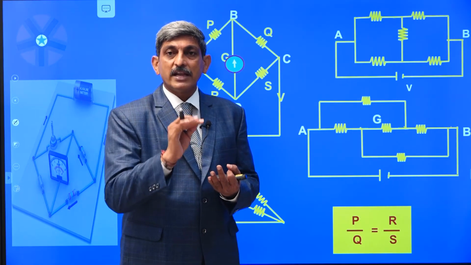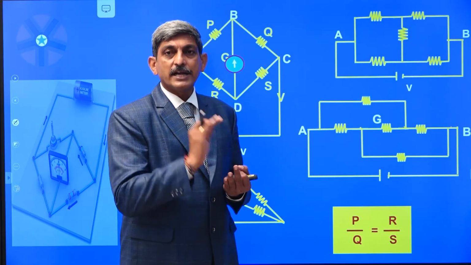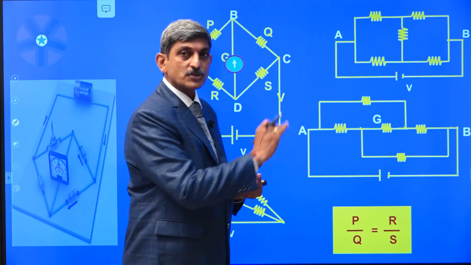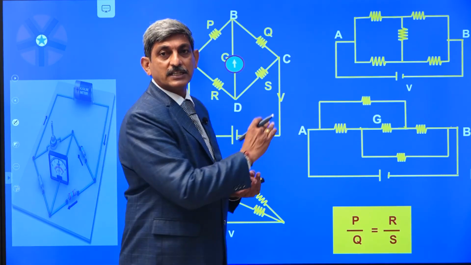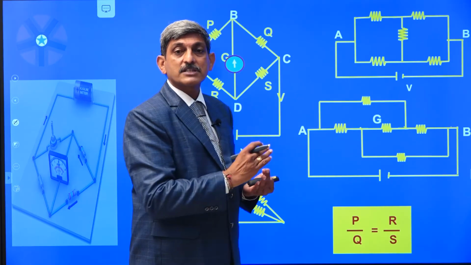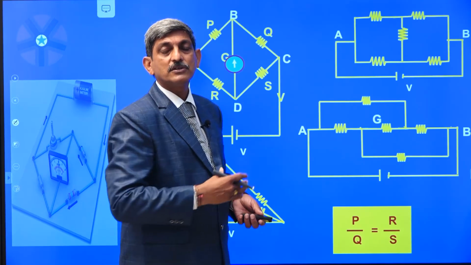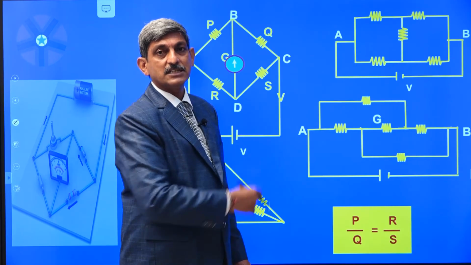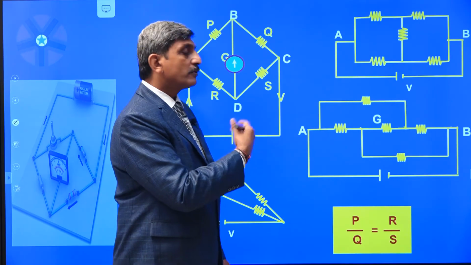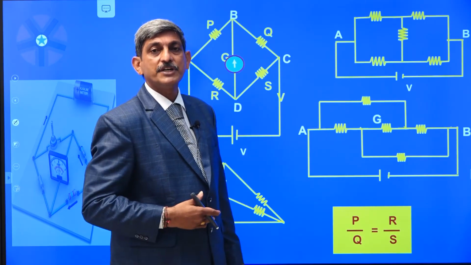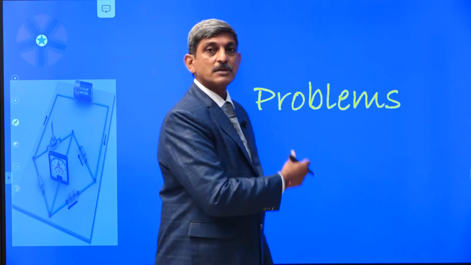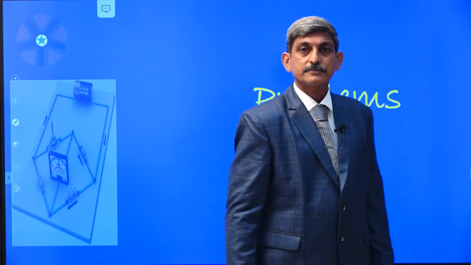Whenever the bridge is balanced, what is the balancing condition? That is also studied. After that, the different shapes of networks which may come across in problems are also discussed in this session. Now, to improve the understanding of the Wheatstone bridge, we are going to do some problems.